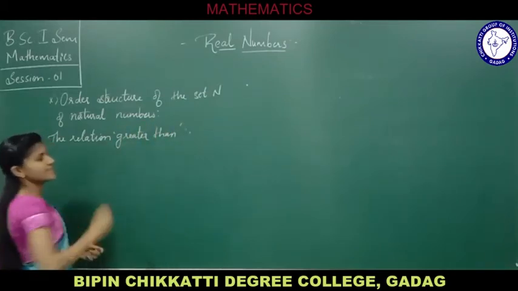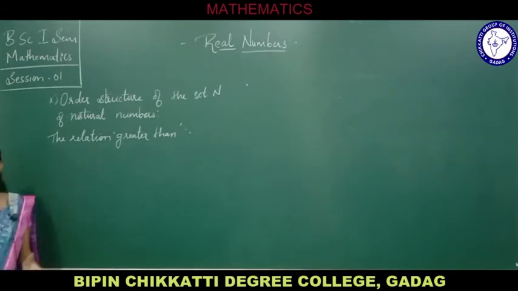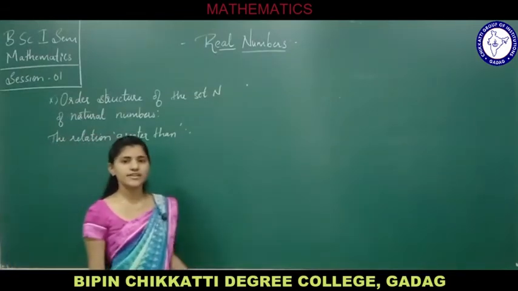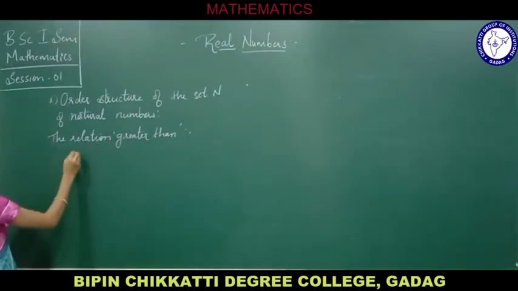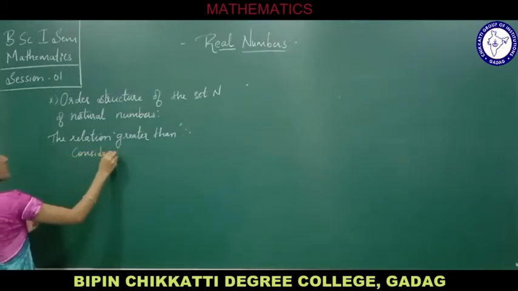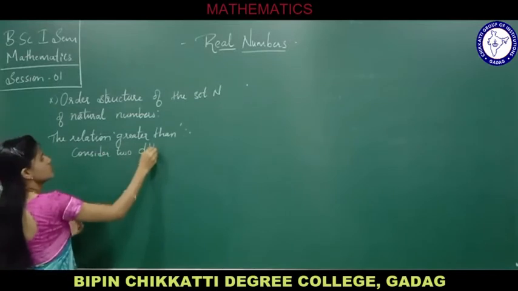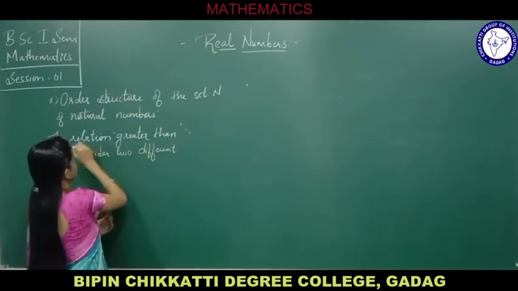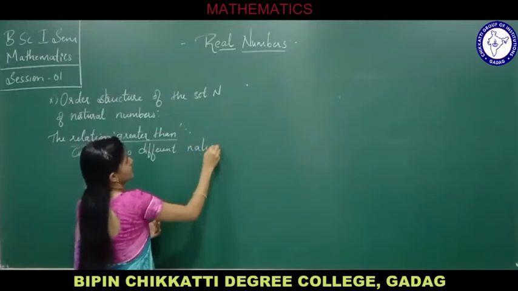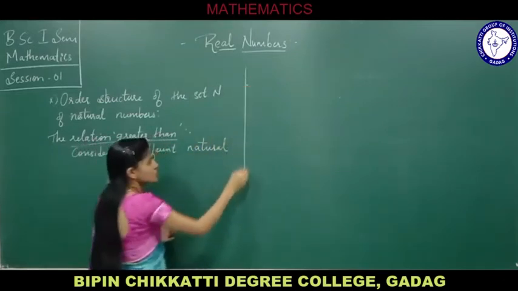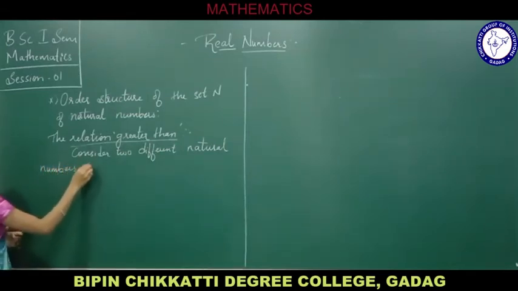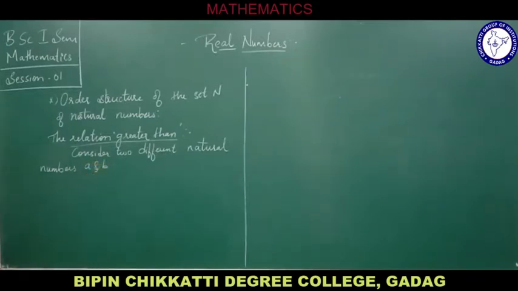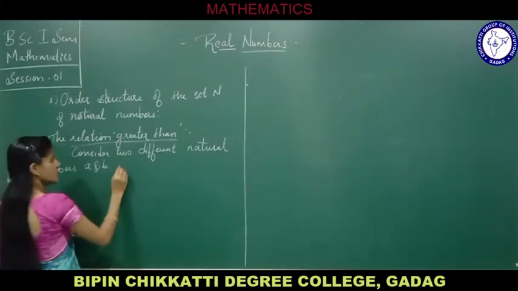Let us consider any two different natural numbers a and b. How are they different from each other?